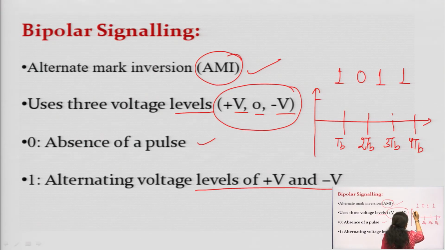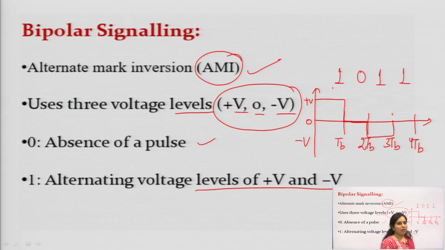For this there will be a full voltage level, that is plus V, this is 0, this is minus V. For the first 1 bit it will be plus V, for 0 it will be 0 volt, for the next it will be alternate, meaning alternate mark inversion.